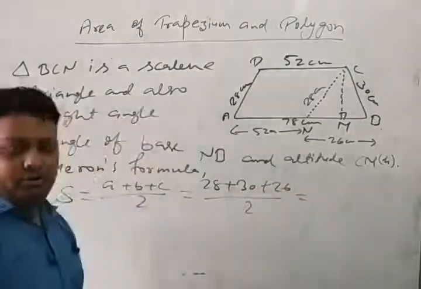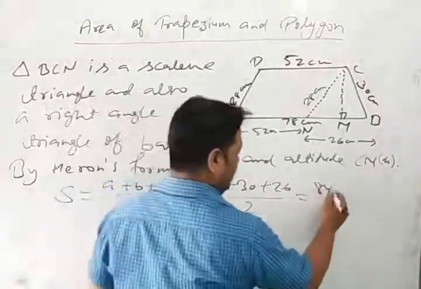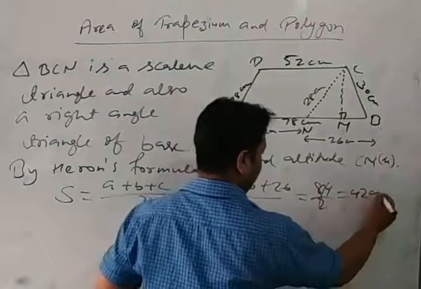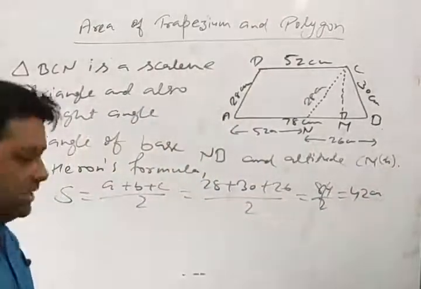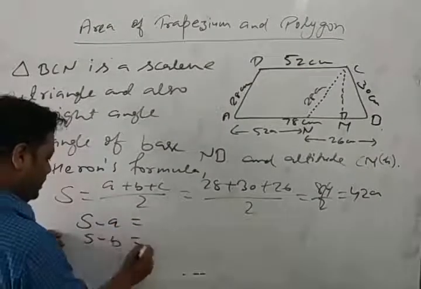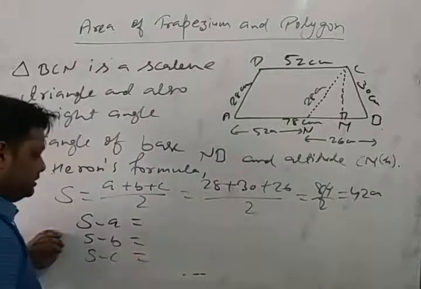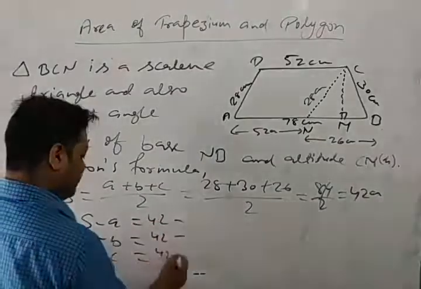Then the value will be 84 by 2, that is 42 centimeter. Now find the values of S minus a, S minus b and S minus c. S means 42, here 42 also and here 42 also.